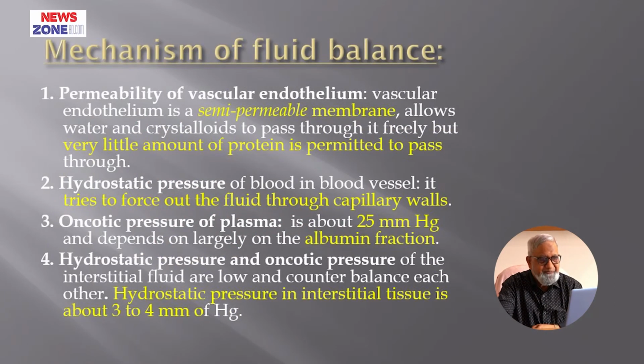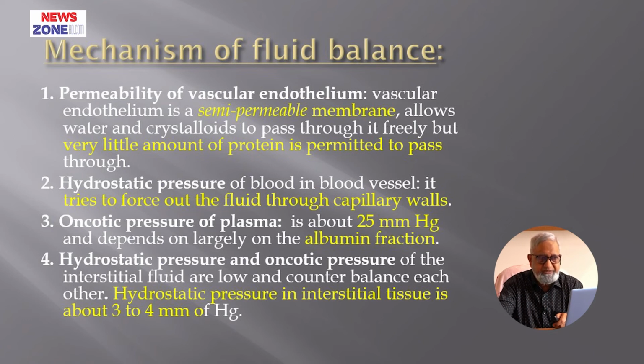Next, the mechanism of fluid balance. Why does this occur? First and very important is the permeability of the vascular endothelium. Vascular endothelium is a semi-permeable membrane. It allows water and crystalloids to pass through freely, but only a very small amount of protein is permitted to pass through.